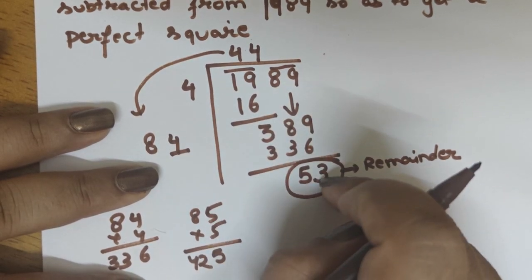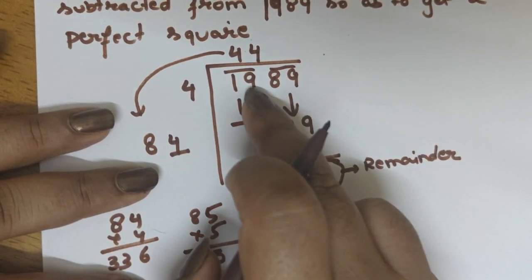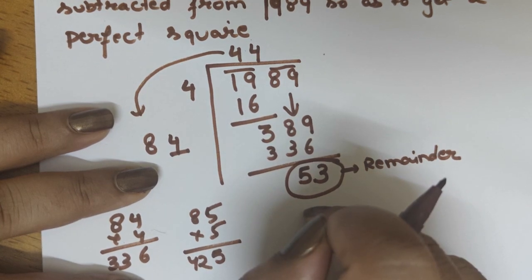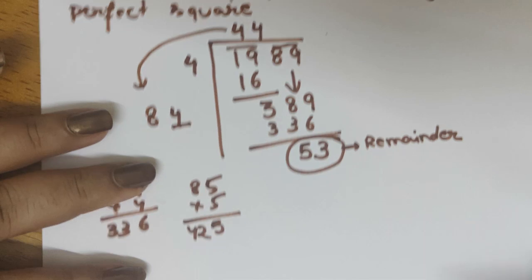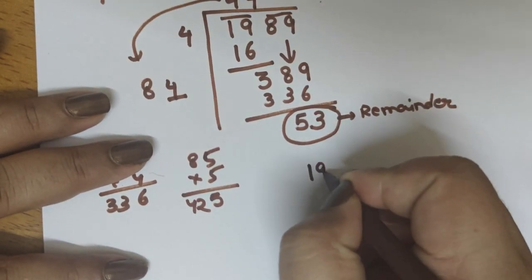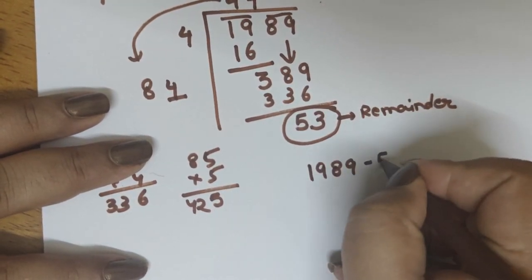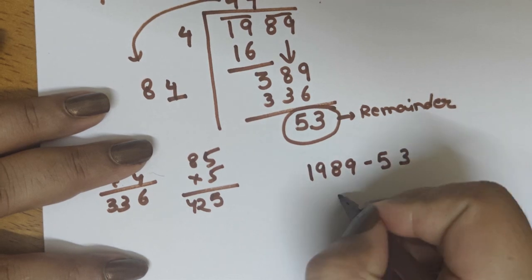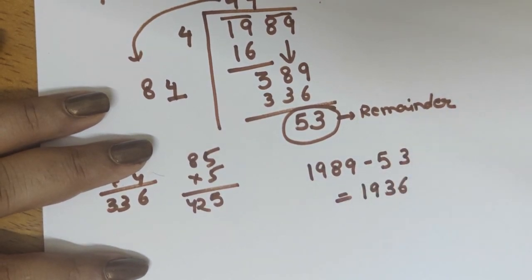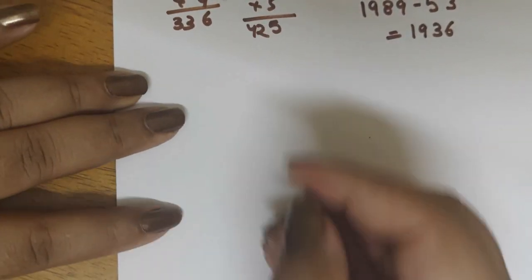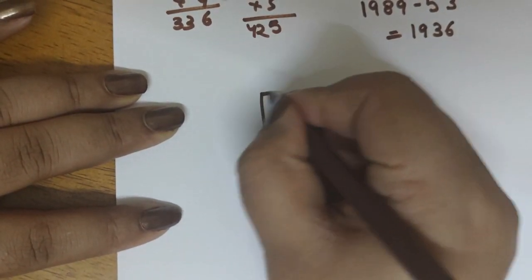Whatever the remainder is, if we subtract it from this number, we will get a perfect square. So let's try, which will be 1936. Let's check whether 1936 is a perfect square or not.